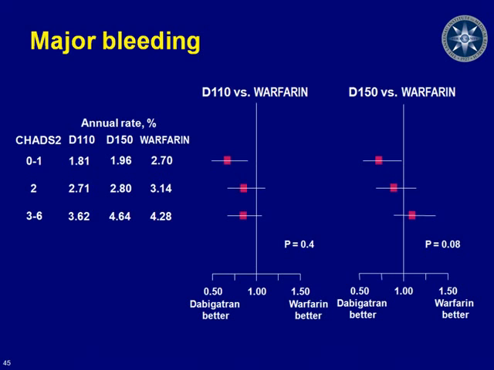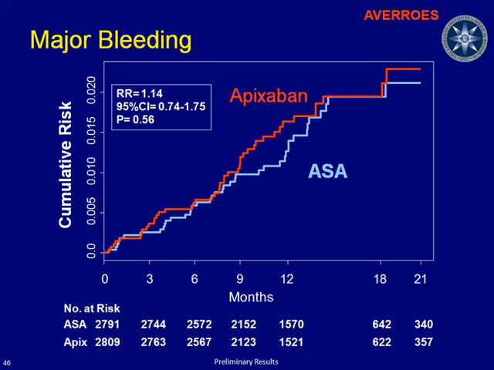Getting back to Apixaban, major bleeding with Apixaban was 14% higher than the disaster, but of course this was offset by the massive benefit in the reduction of stroke in the trial.